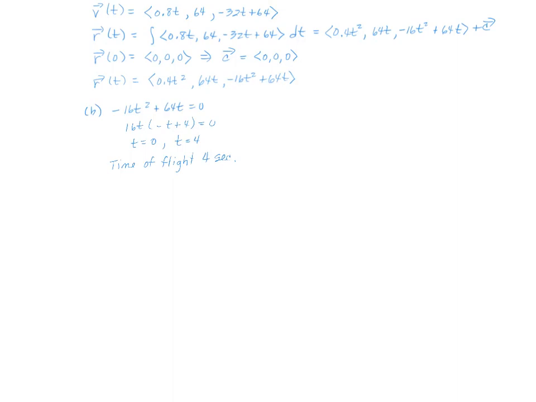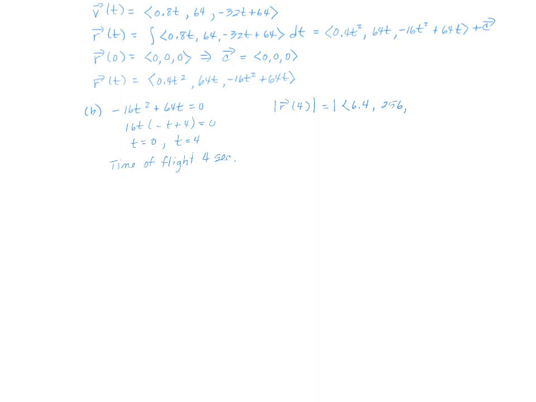And now if I take the magnitude of my position vector at 4 seconds, I'm looking at the magnitude of the vector. Remember, we're putting 4 in for t into the vector. Let's see, 0.4 times 16 in a calculator gives me 6.4, comma, 4 in for t and 64t gives me 256.